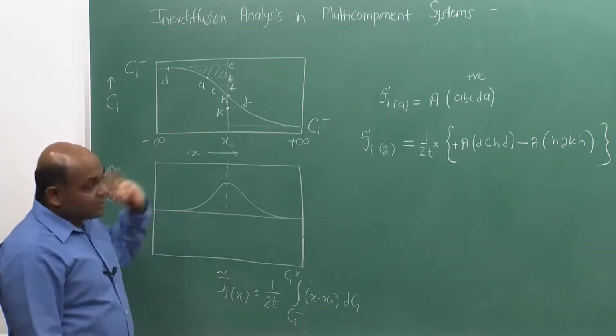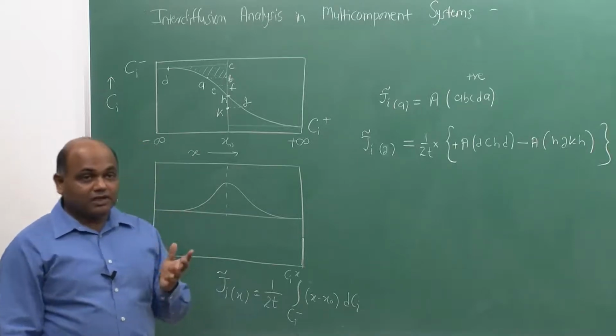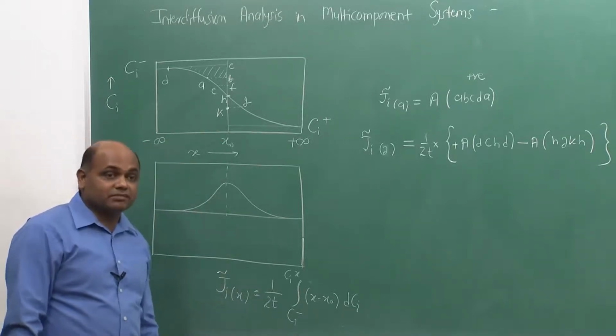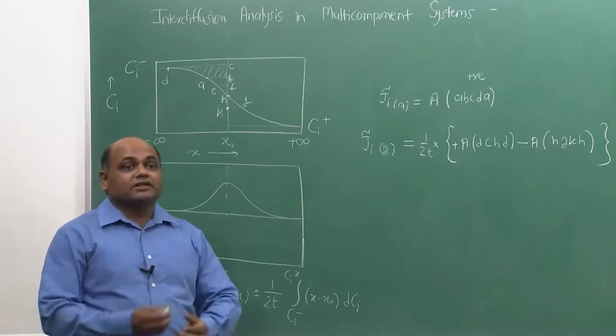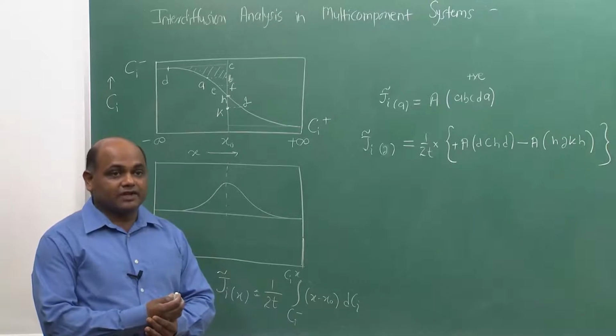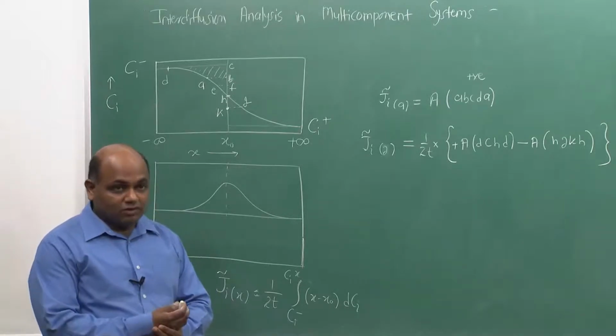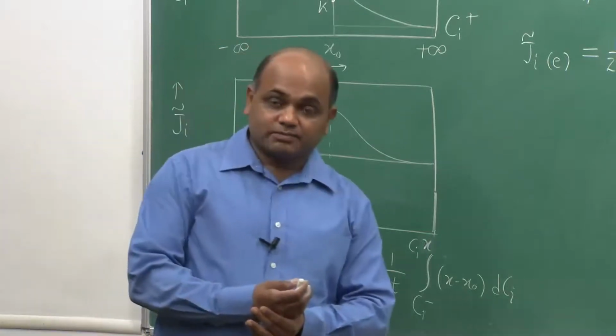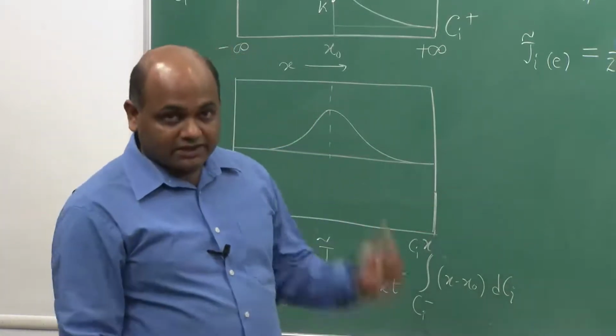Now, this is when we are considering the normal concentration profile like this, but in multi component systems many times there will be maximum and minimum developed on the concentration profiles. So, how do we get the interdiffusion fluxes in that case, and what special features does it develop? Let us try to look at it.